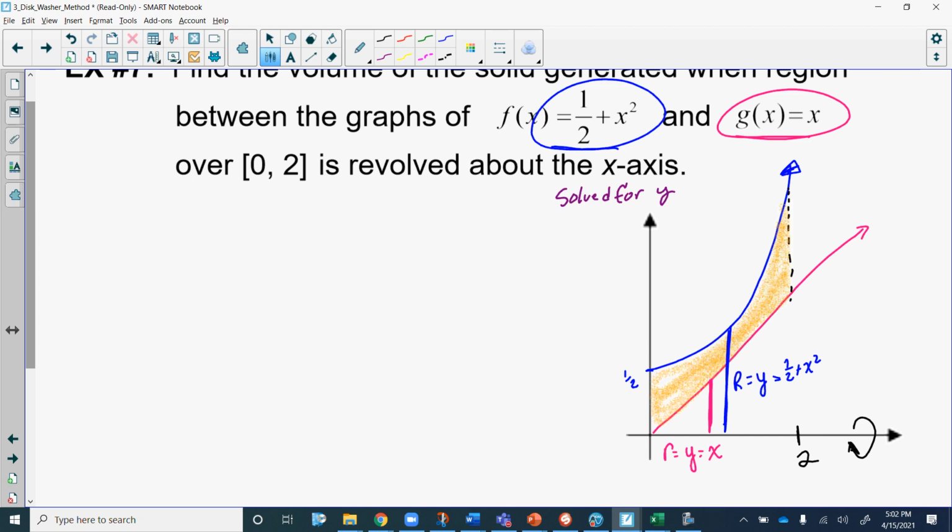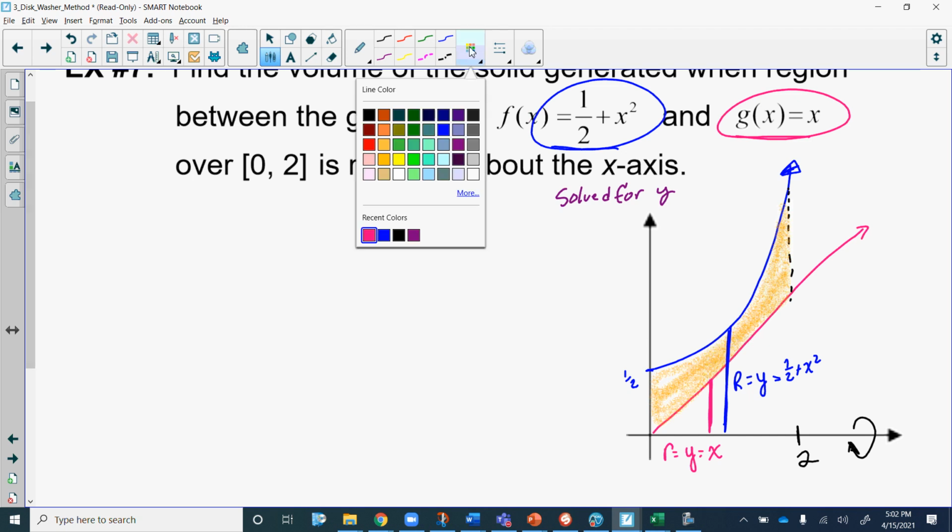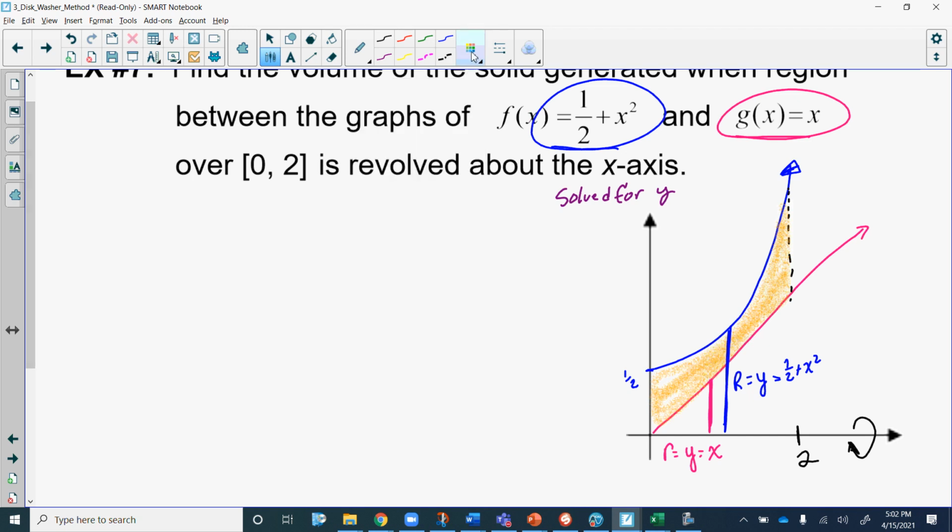So let's see what we can do here for the integration. Again, we're going to say volume is equal to pi times the definite integral from 0 to 2 in this case of the larger radius squared minus the inner radius squared in terms of x, because that's what we're rotating it around.